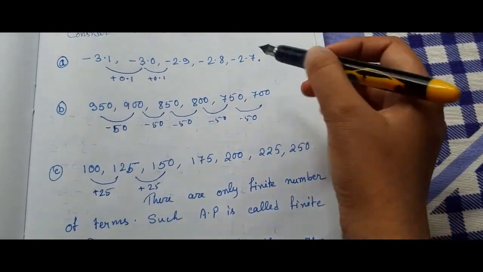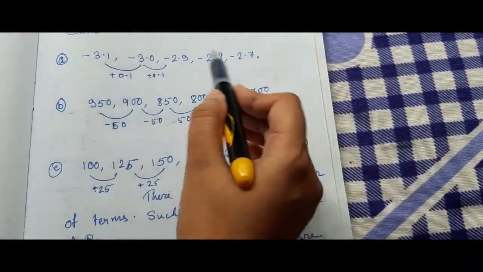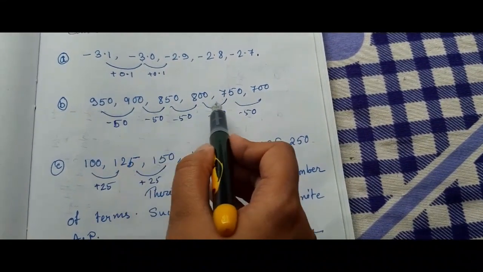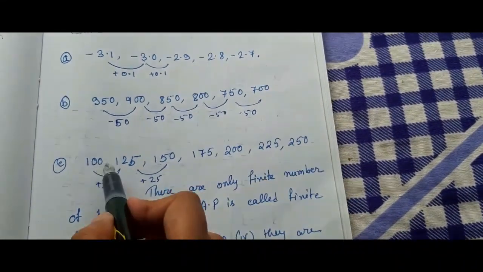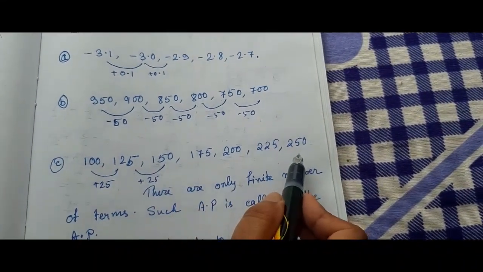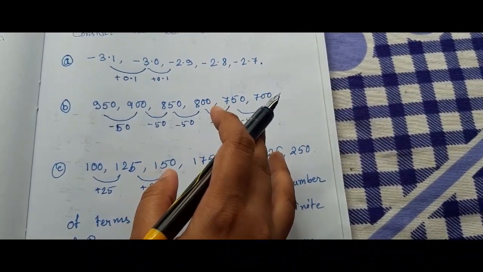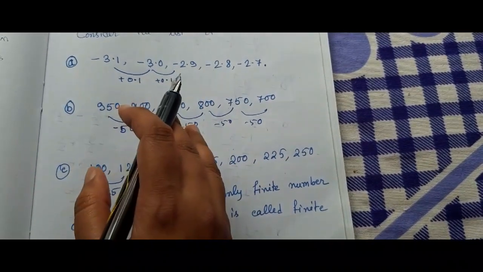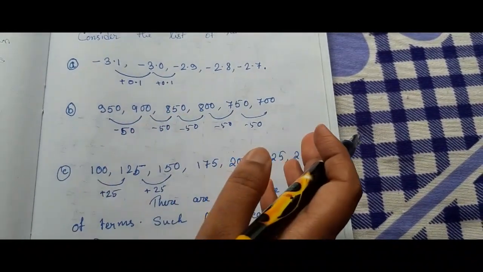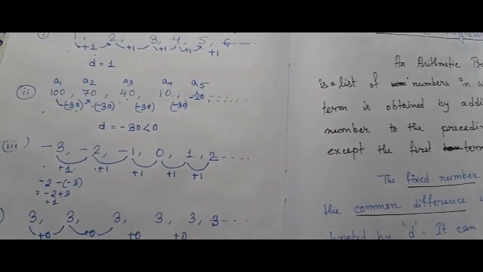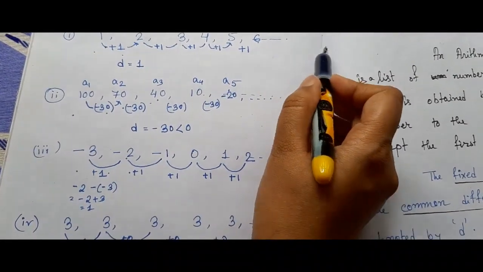But here you can see that in this arithmetic progression there are only 5 terms, right. Here there are only 6 terms, here only 7 terms. So there is a finite number of terms in these arithmetic progressions. That's why this AP is called a finite AP, okay. And in the first 4 examples, you can see that this is going on and on.